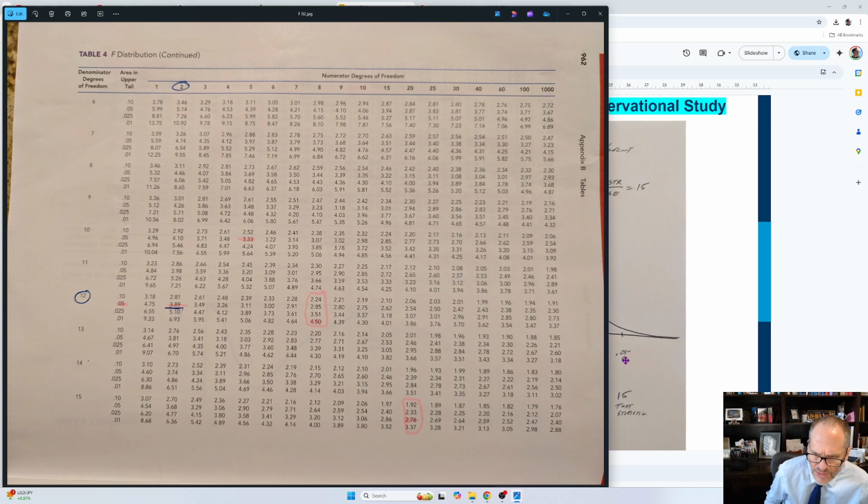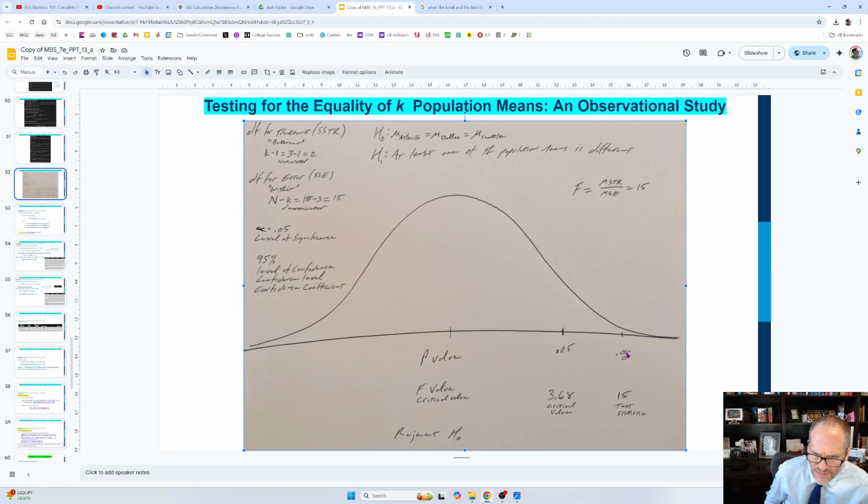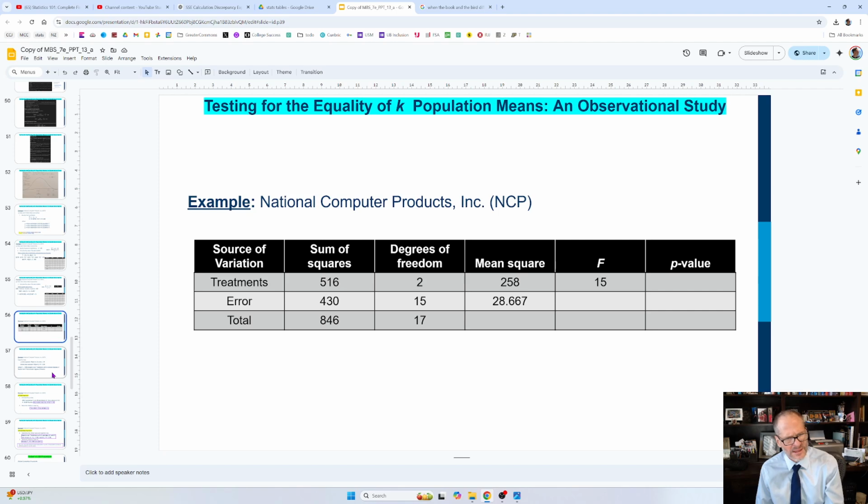That's what I put right there for the probability value, the p-value, the amount of probability from this point to the right in the tail. Both of these, whether we use the critical value approach with the F value or the p-value approach, tell us to reject the null hypothesis, and at least one of the population means is different. That's what we calculate after doing all this and getting our table.